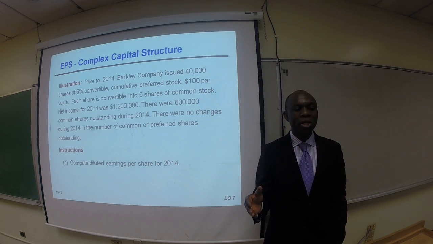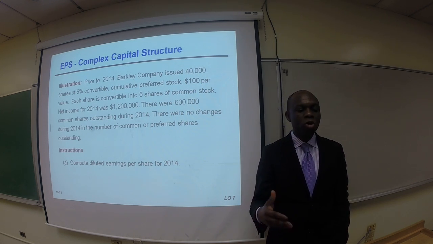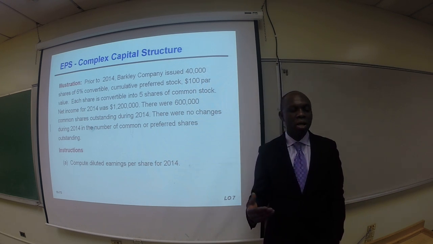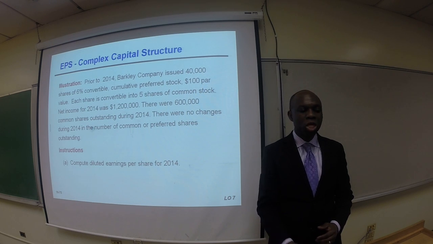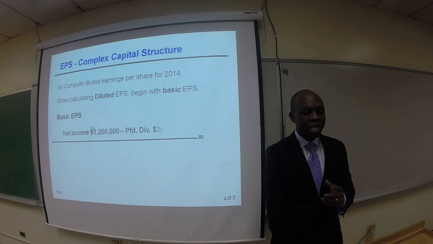There were 600,000 common shares outstanding during 2014. There were no changes during 2014 in the number of common or preferred shares outstanding. So our challenge now is to compute diluted earnings per share for 2014. Let's take a look at how that works.